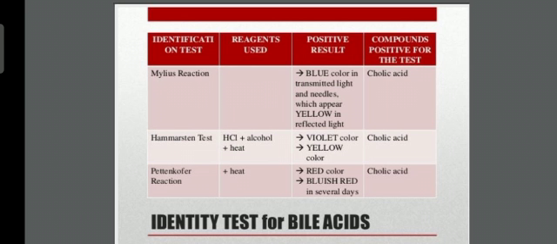In this test, if we add hydrogen chloride plus alcohol plus heat and then we get violet color, yellow color, we can say that the compound is cholic acid. Next one is the Pettenkofer reaction. In this reaction, if we add reagent plus heat and then we get red color, bluish red in several days, we can say that the compound is cholic acid.